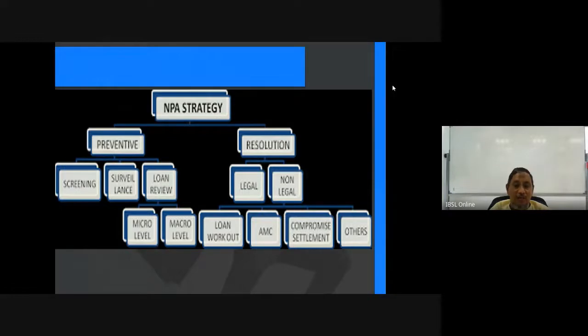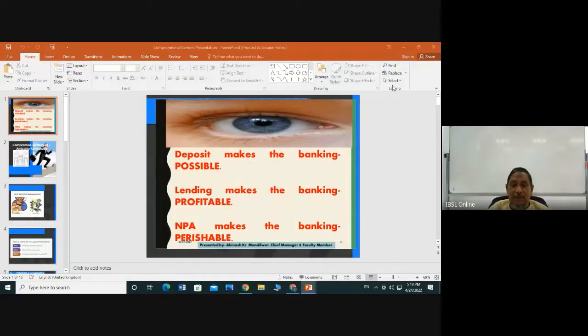Non-legal ones are loan workouts, amicable settlements, compromise settlements, and other systems. Deposit makes the bank possible. Lending makes the bank profitable. NPA makes the bank perishable. So I started the recovery management with this slide.